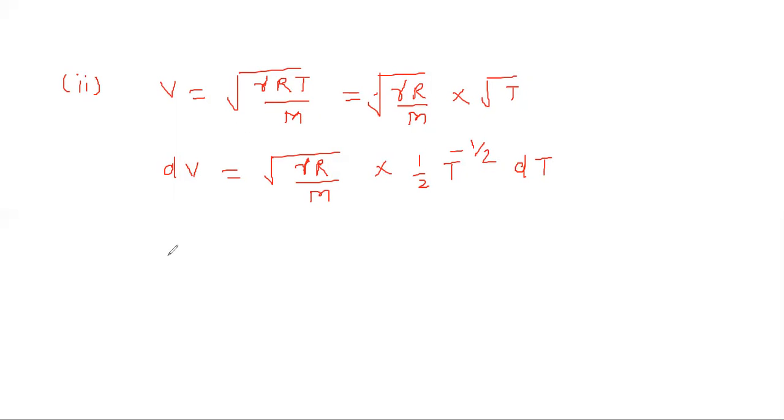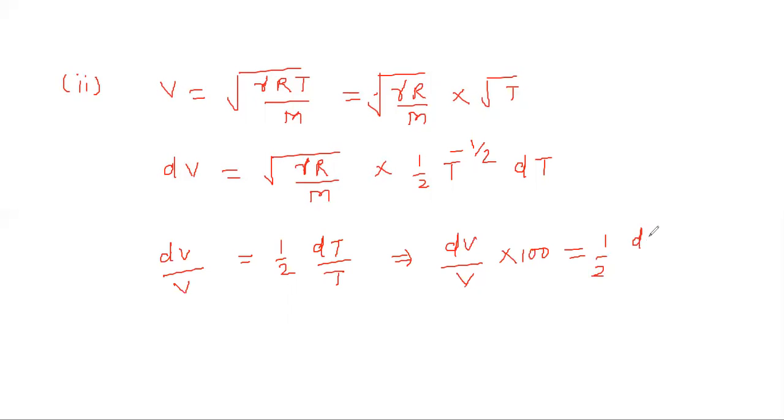So we find dV upon V, that will be equal to 1 by 2 dT upon T. So percentage change, dV upon V into 100 will be equal to 1 by 2 dT upon T into 100.